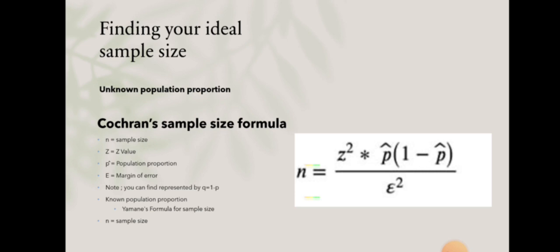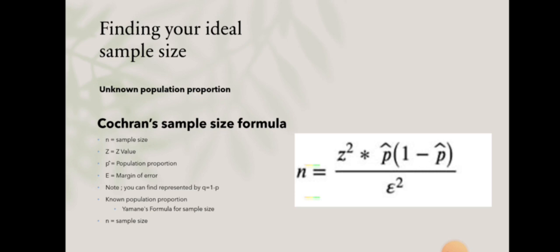So n is equal to Z squared times P times 1 minus P over E squared. This is the Cochran sample size formula.